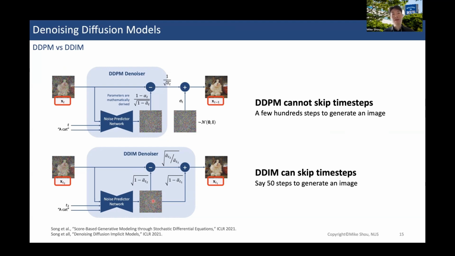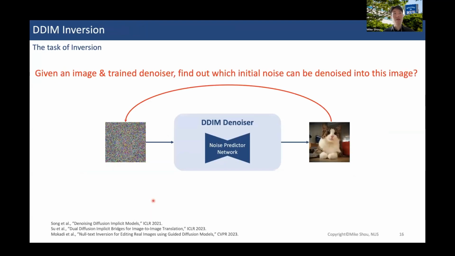Because of that, for DDIM, we can do something called inversion. Inversion is not a new term in diffusion; people use it in GANs as well. The typical inference or generation process is that, given noise, we pass it through the denoiser, denoise it, and then recover the original image.